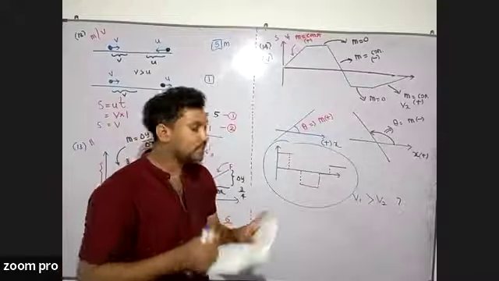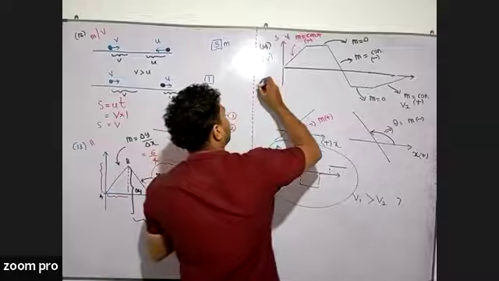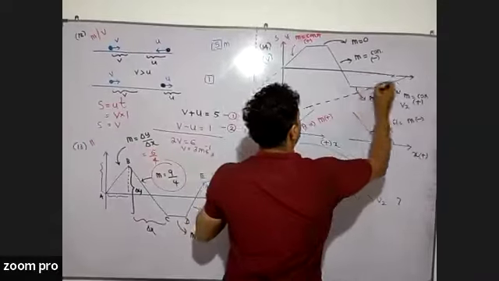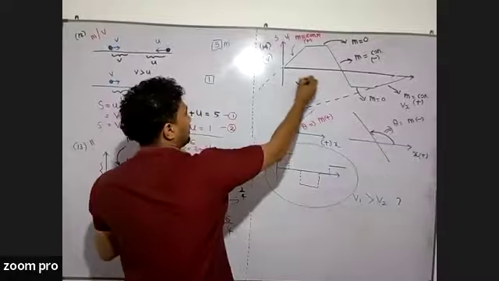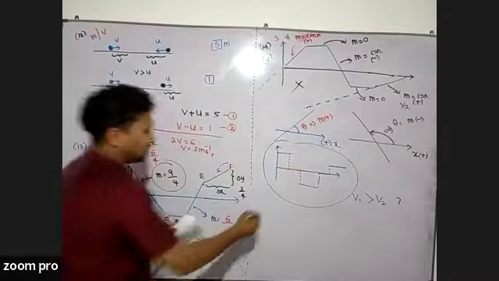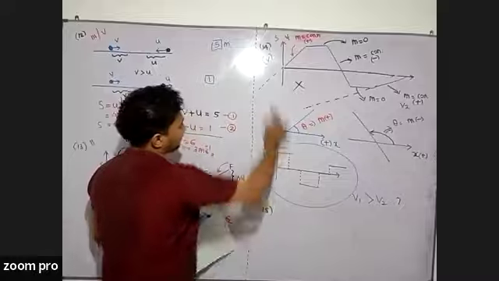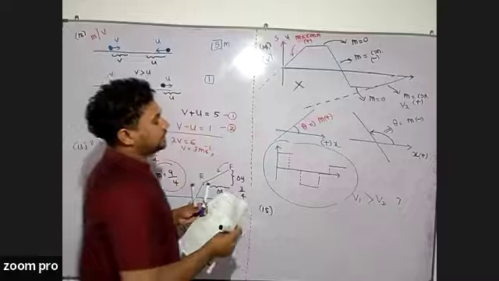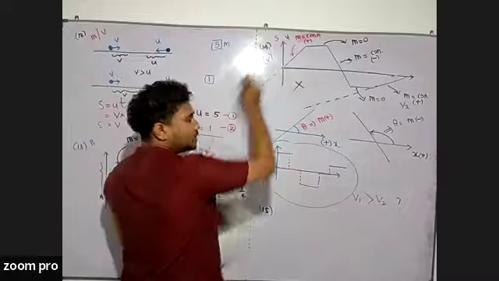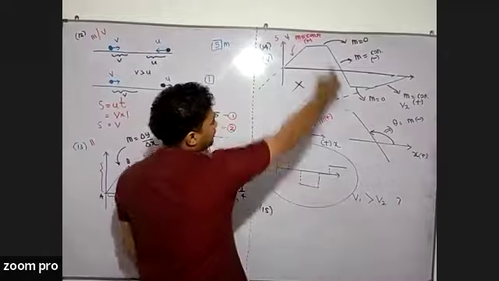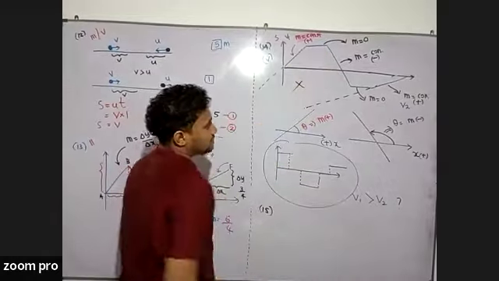Just draw a line using a ruler like this. Then you can figure out whether these are parallel or not. These are not parallel, no? They're not. So this is the answer for the fifth question. Even though this fifth answer is not the accurate one, it is the best representation relevant to this displacement-time graph.